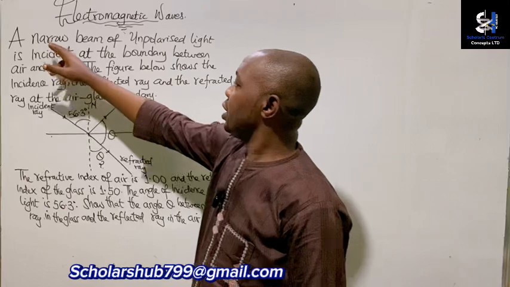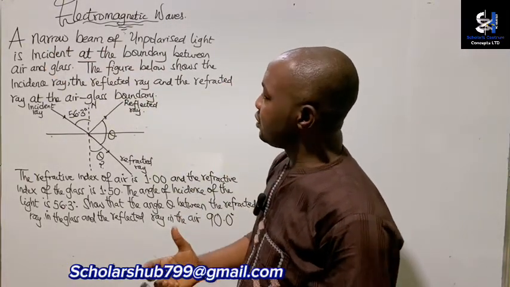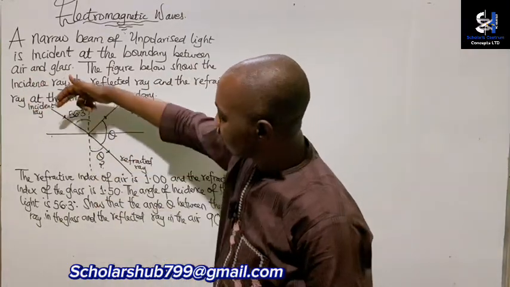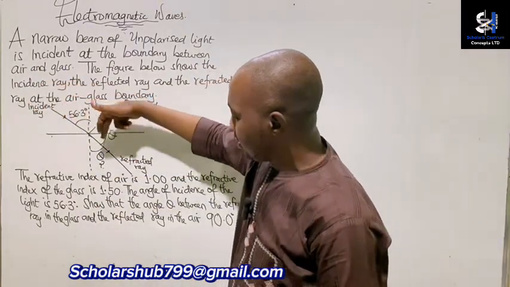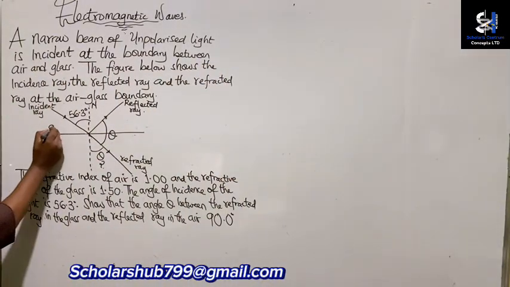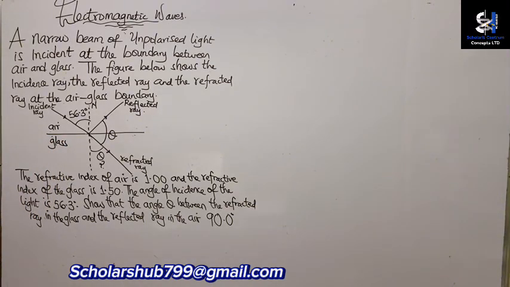We have a narrow beam of unpolarized light incident at the boundary between air and glass, which means light passes from air into glass. So the first medium is air, and the second medium is glass.